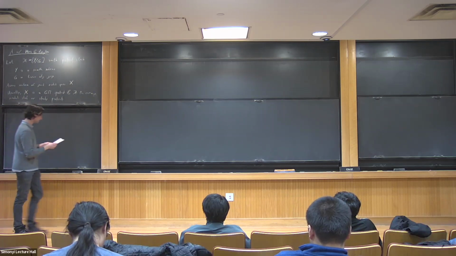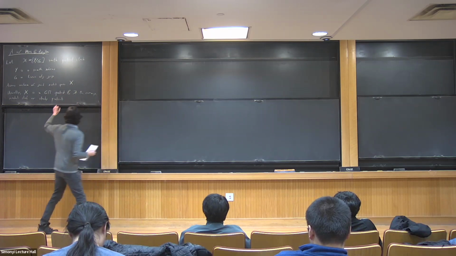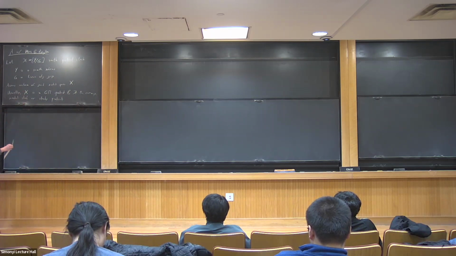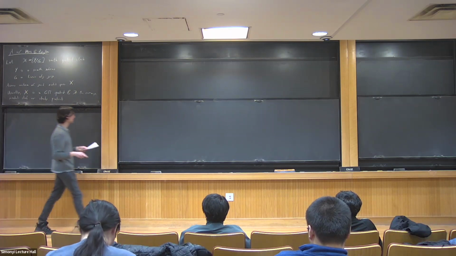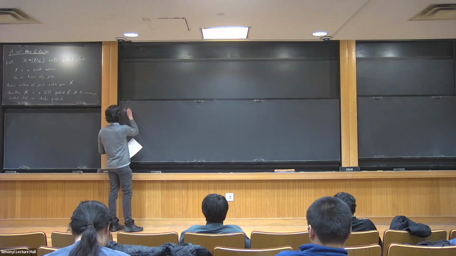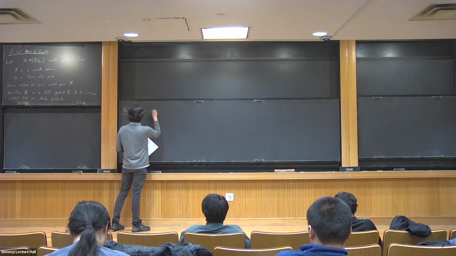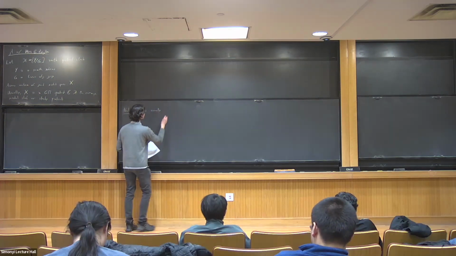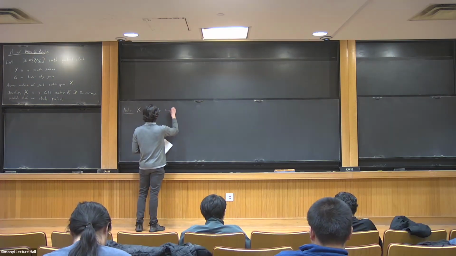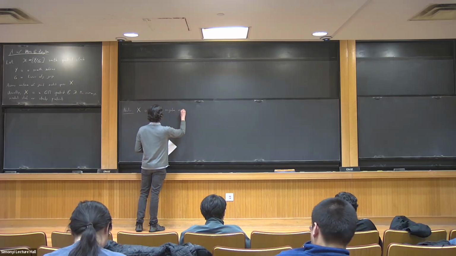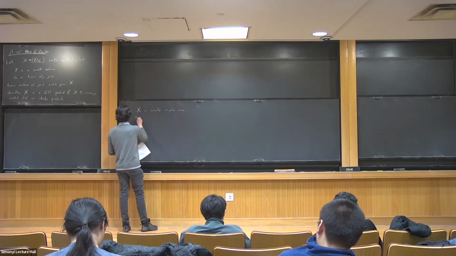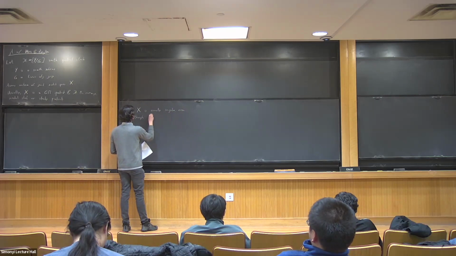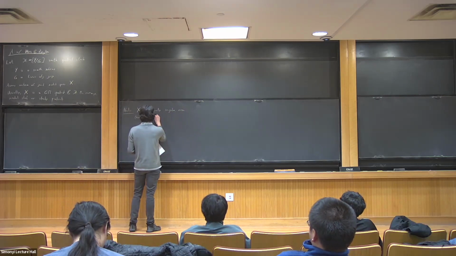All right, so that's the setting. And so then, despite the variety we're taking the quotient of being smooth, we should expect the moduli space X to be singular. So note that X is usually singular, even though the atlas Y is assumed to be smooth.